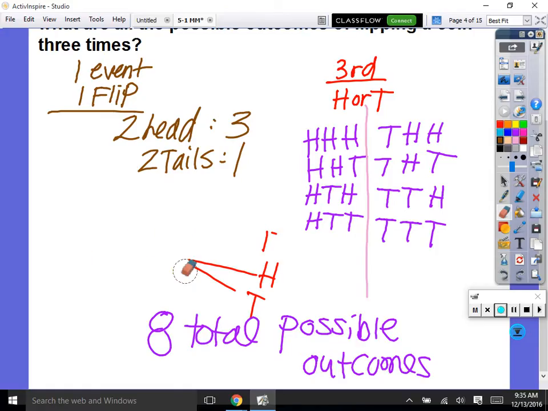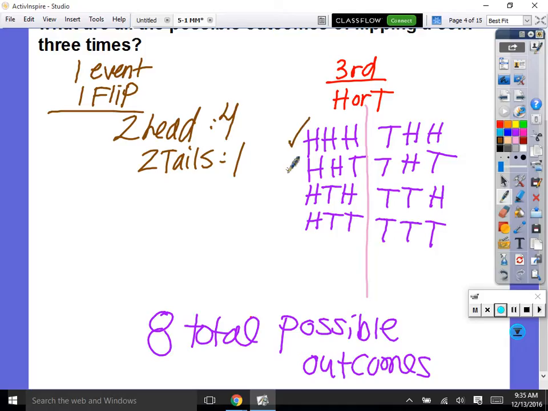Does everybody see? So let's think about this. Now let's change the probability question. Not what's the probability you got your sequence of events, but what is the probability that you'll get at least 2 heads? Right here, 2 heads, at least.